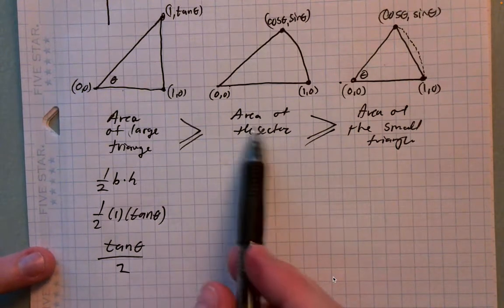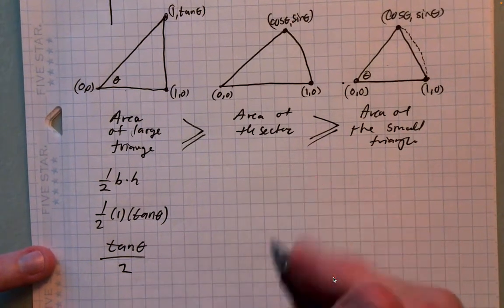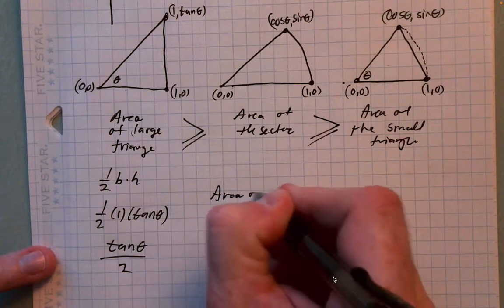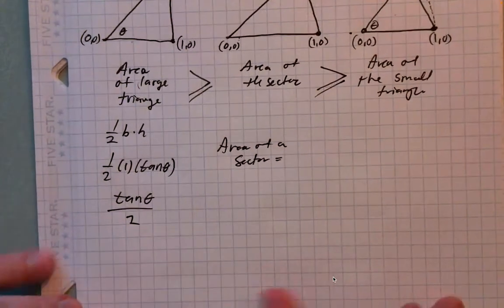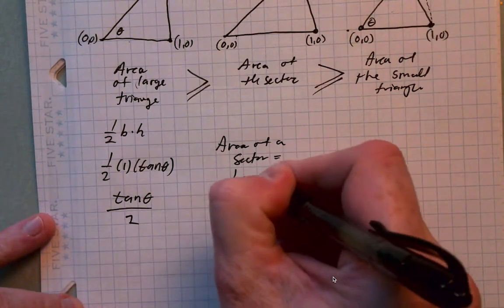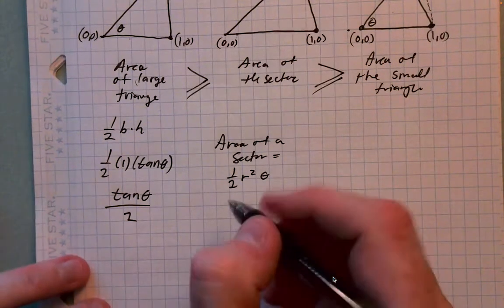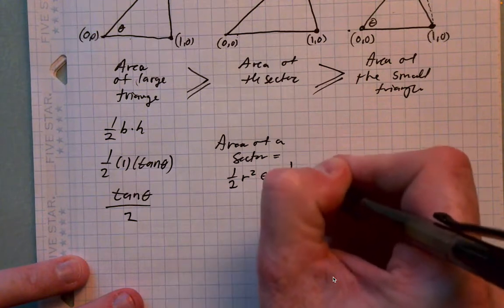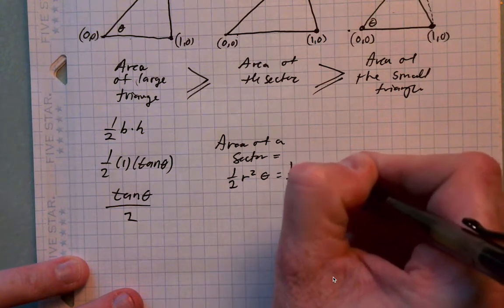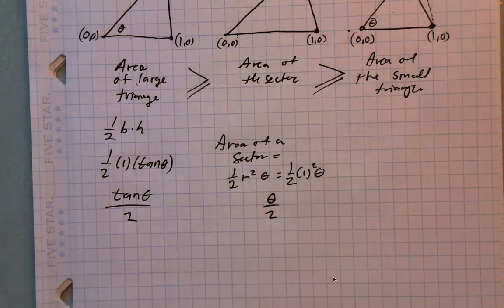And what about the area of the sector? Well, maybe it's not well known, but the area of a sector is equal to one half the radius squared times the angle theta that sweeps the sector out. For us, that translates into one half times 1 times theta, so basically theta over 2.